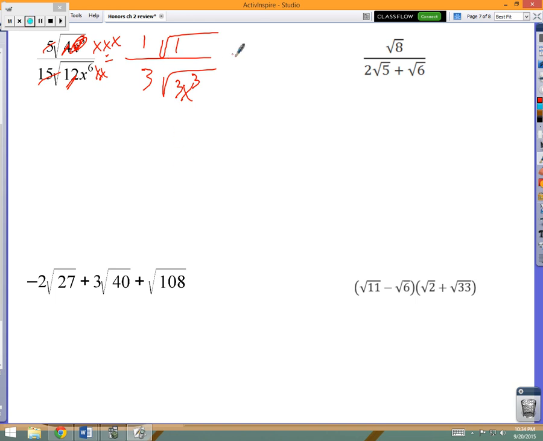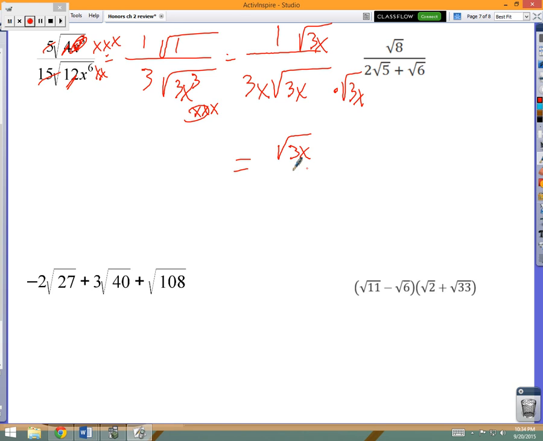Now on top, really you just have 1. On bottom, we've got 3. I've got x cubed, so I'm going to take a pair out, 3x, and on the inside we got 3x. Now it's just unacceptable to have a square root on the bottom, so times the bottom by square root of 3x, times the top by square root of 3x. So on top we've got 1 times square root of 3x.